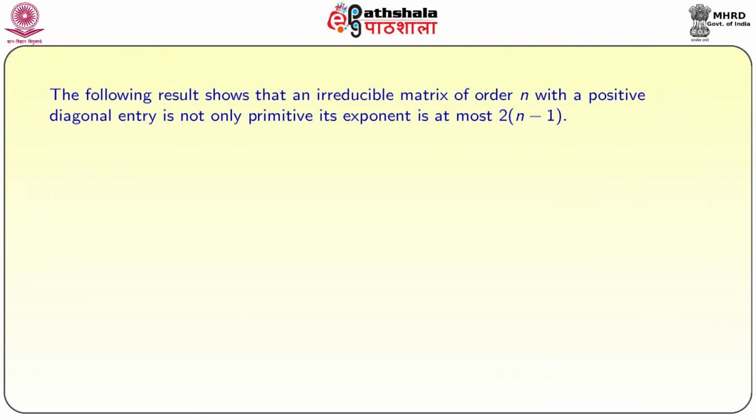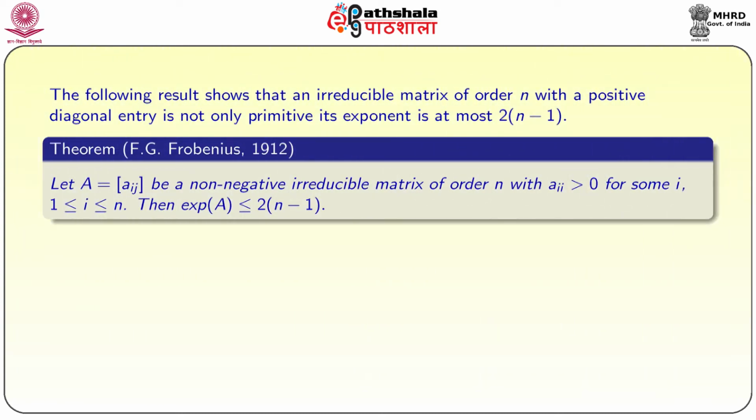The following result shows that an irreducible matrix of order n with a positive diagonal entry is not only primitive, its exponent is at most 2 into n minus 1. Frobenius proved in 1912: let A equal to (aij) be a non-negative irreducible matrix of order n with aii greater than 0 for some i, that means the trace of A is positive. Then the exponent of A is less than or equal to 2n minus 1, or 2n minus 2.